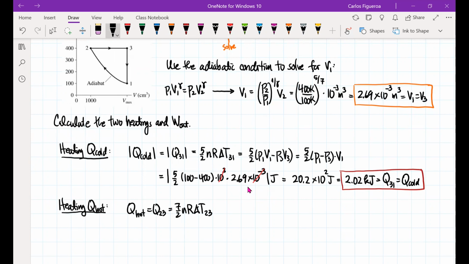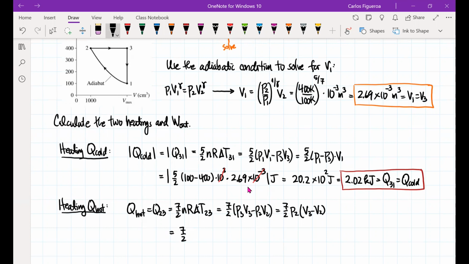If it's constant pressure, I can pull the pressure out. So then this is 7/2. So then it's got to be P3, V3, P2, V2, but the pressures are the same. So then this is 7/2, P2, V3, V2.